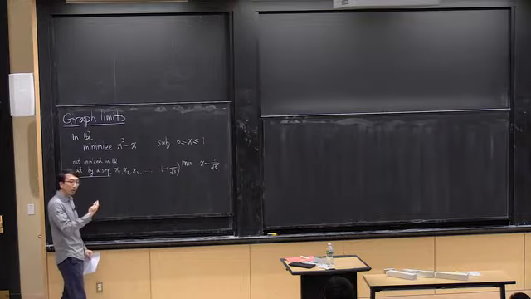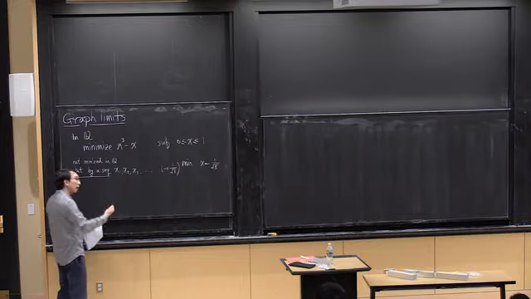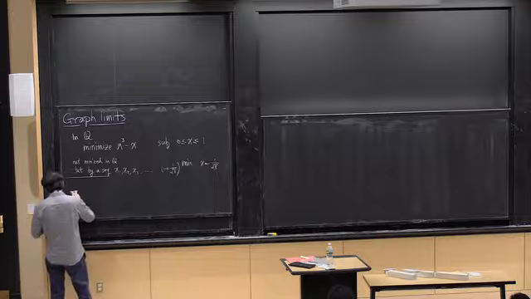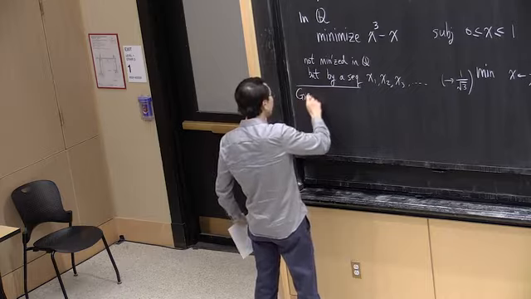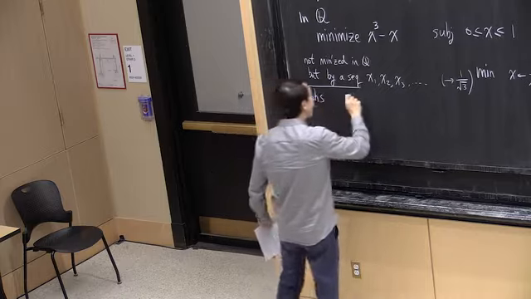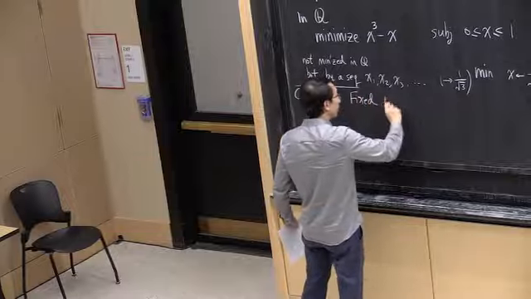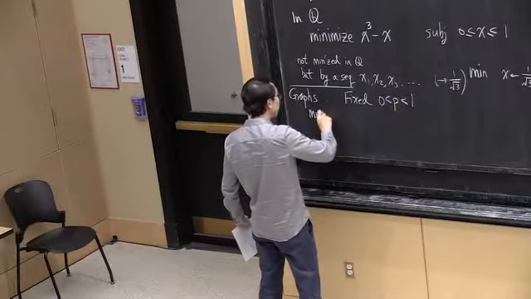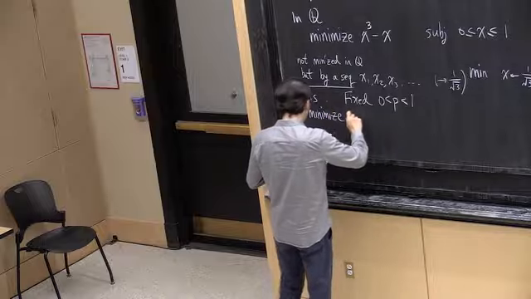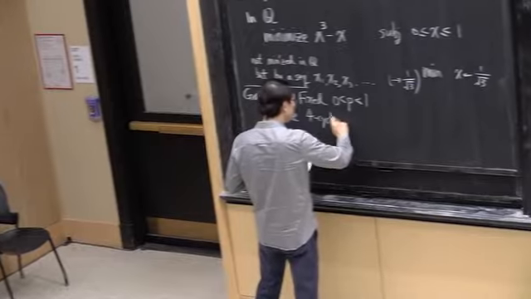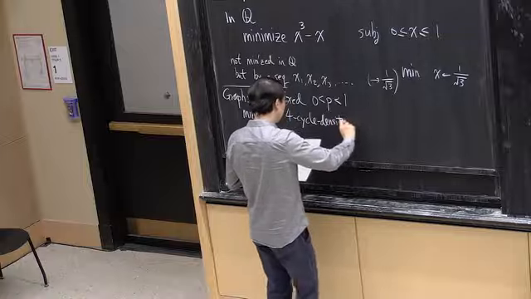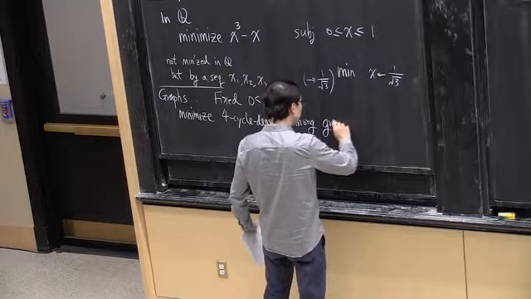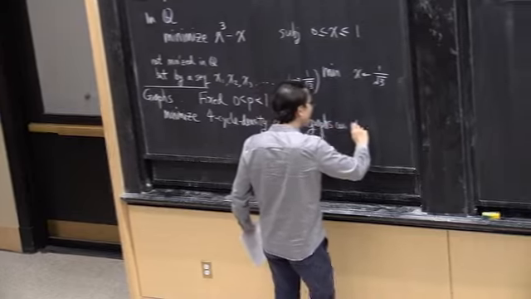But now let's think about graphs, which are a discrete set of objects akin to the rational numbers. And the story now is, suppose I have a fixed p between 0 and 1, and the problem now is to minimize the 4-cycle density among graphs with edge density p.